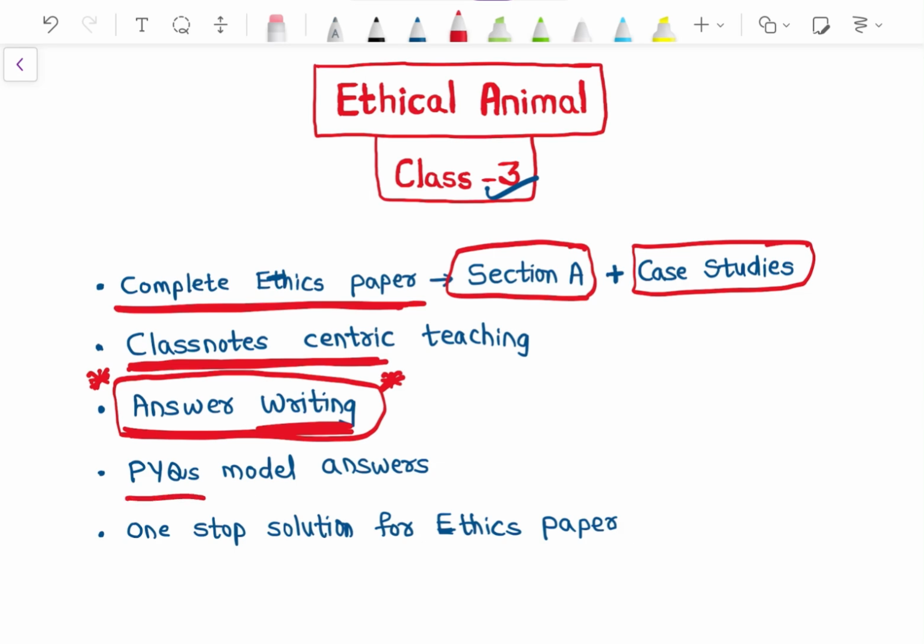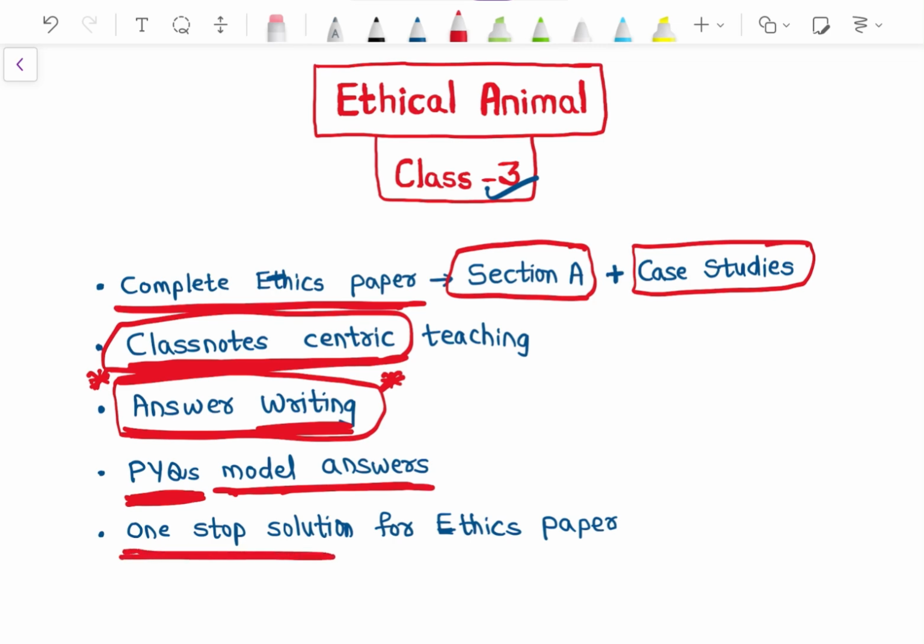Then, PYQs with model answers. The notes you buy have almost 90% of the PYQs asked in UPSC, and you will get their model answers too. So that is good, relevant content. Next, it is a one-stop solution for your ethics paper.